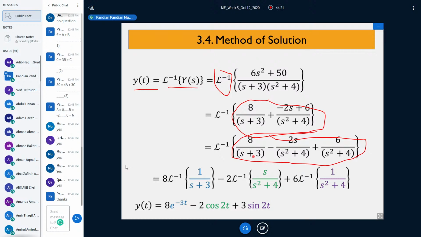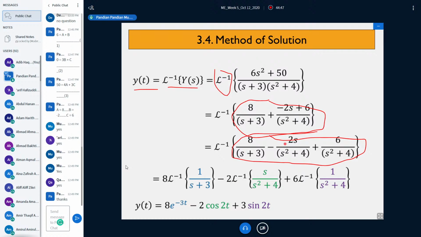So the table I'm referring to is the inverse Laplace transform. So go back to the table, slide number 5 under section 3.2. So we don't have directly minus 2s plus 6.